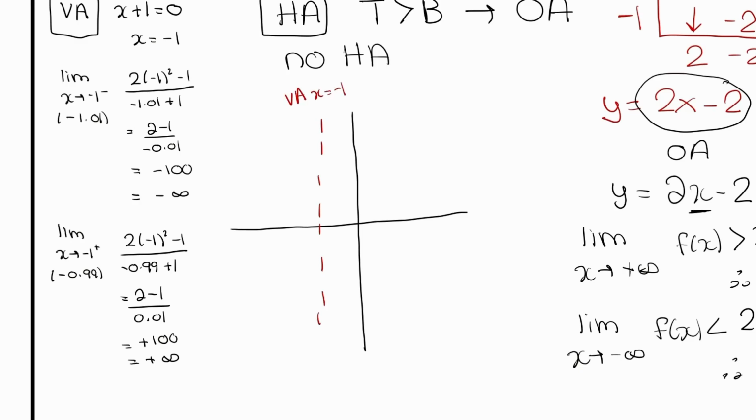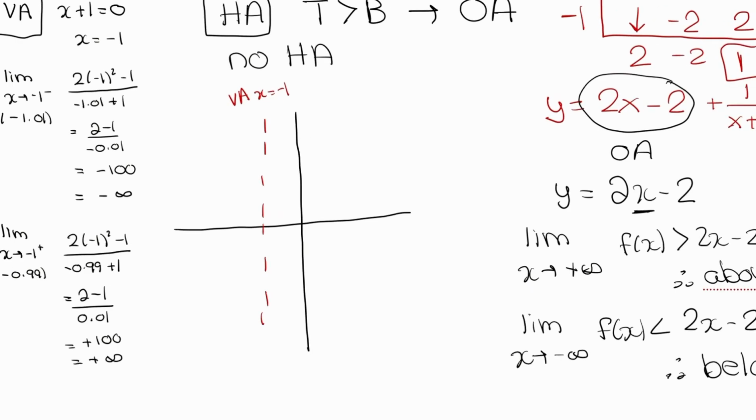And now I have this oblique asymptote where y is equal to 2x minus 2. It's a straight line, and this gives us the slope and our y-intercept. So we can get this in the right spot. I know it's crossing the axis at -2, and it goes up 2 and over 1 because my slope is 2.